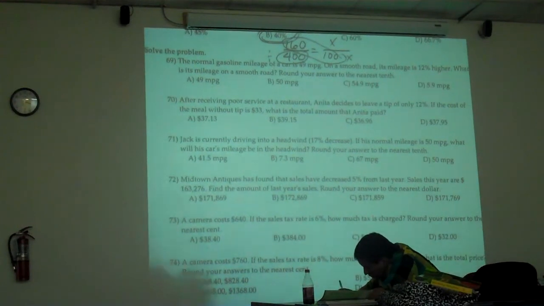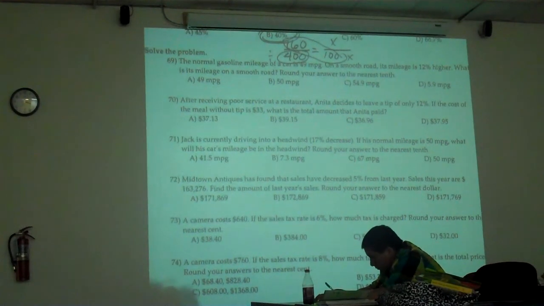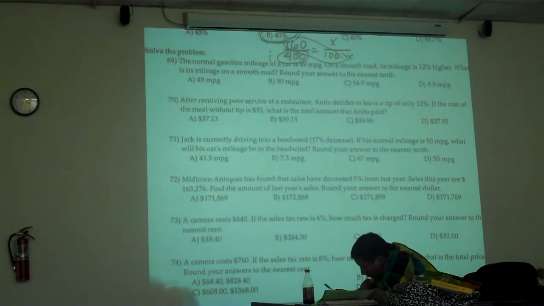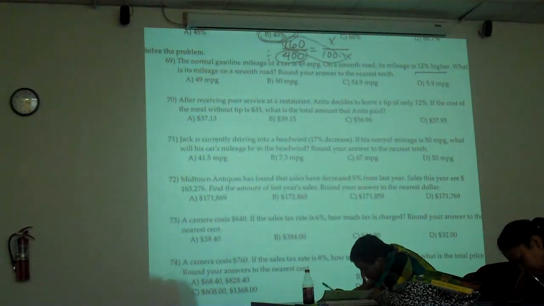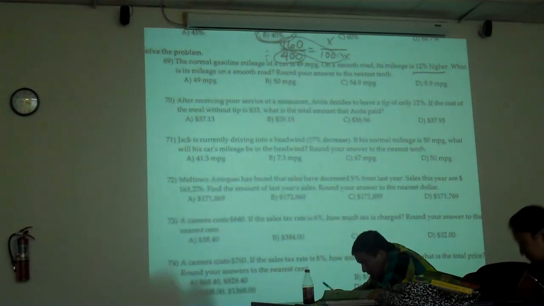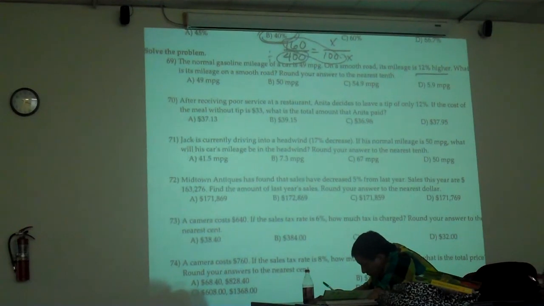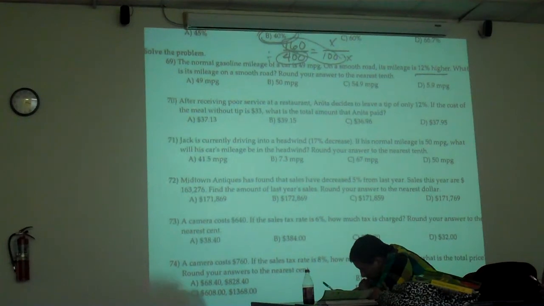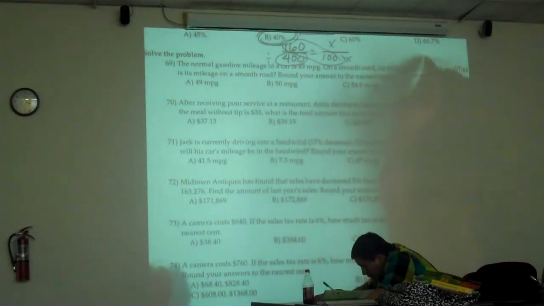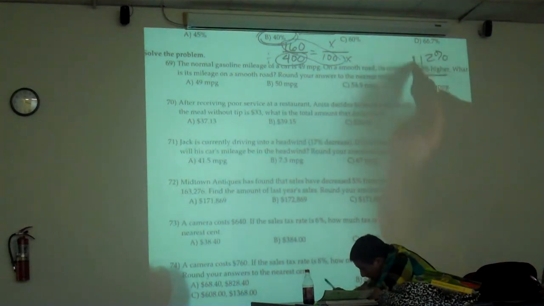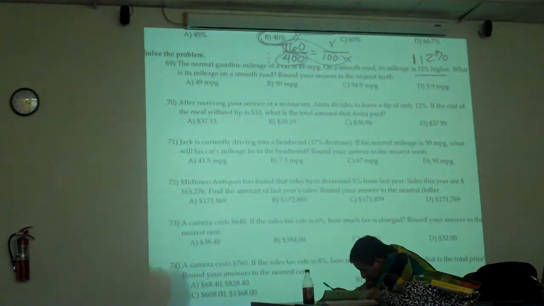69. The normal gasoline mileage of a car is 49 miles per gallon. On a smooth road, its mileage is 12% higher. What is its mileage on a smooth road? So it's 12% more than 49. You can either find 12% and then add it to 49, or the easier way would be getting 112%. 100% plus the 12%.